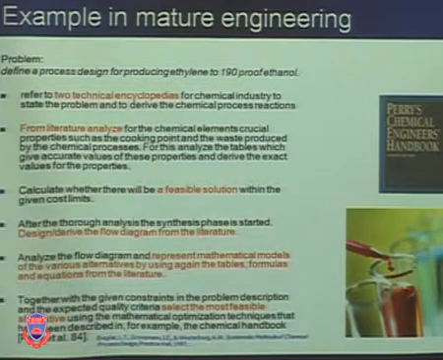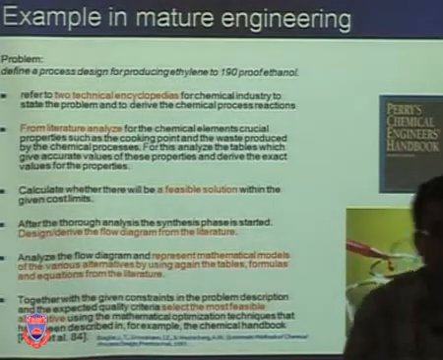After thorough analysis, the synthesis phase is started. Here they design and derive the flow diagram from the literature, analyze the flow diagram and represent mathematical models of the various alternatives, again using the tables, formulas and equations from literature. Together with the constraints, they select the most feasible alternatives.